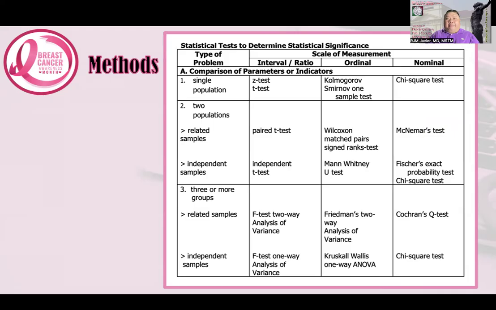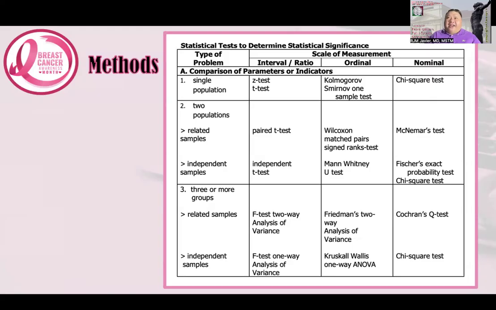So, for example, if you're doing an analytical cross-sectional study wherein you only have a single population, and let's say your outcome variable is of an interval or ratio scale, then to establish statistical significance, we use the t-test. If you're looking at a variable that is categorical, then you could use the chi-square test.